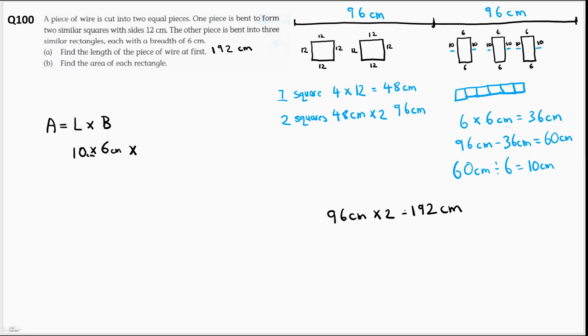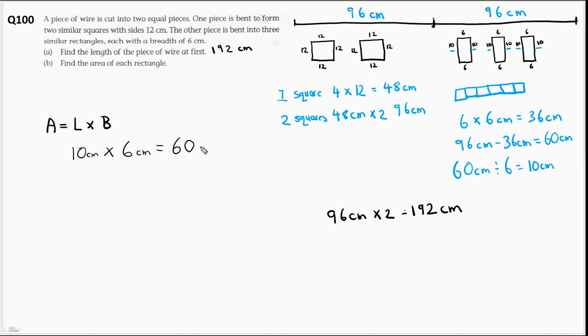So we have a length of 10 centimeters times a breadth of 6 centimeters, and that is going to give us 60.